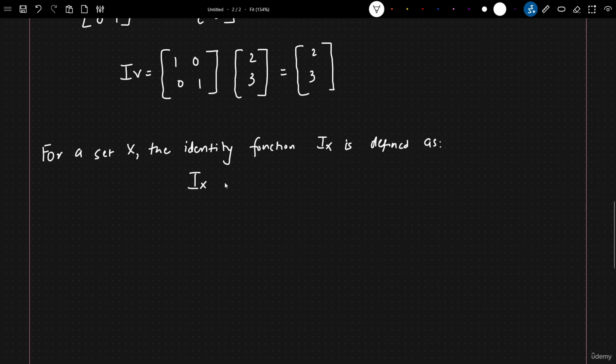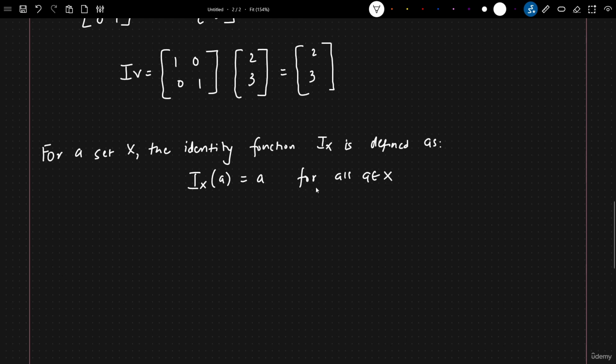So if I go ahead and write I of X of A, let's consider that this is my set X, and let's say A is one of the elements, is equal to A for all A belongs to X.